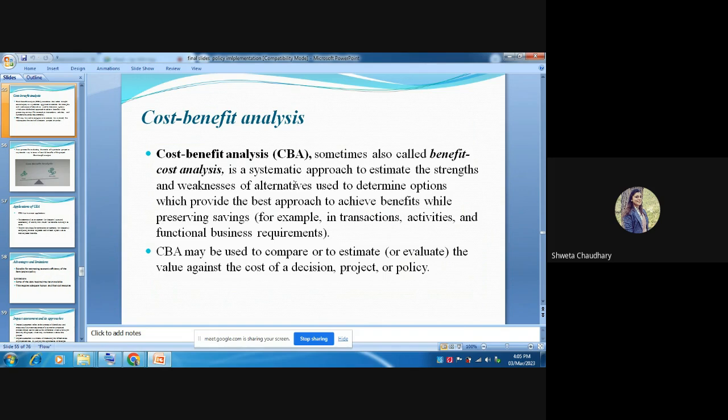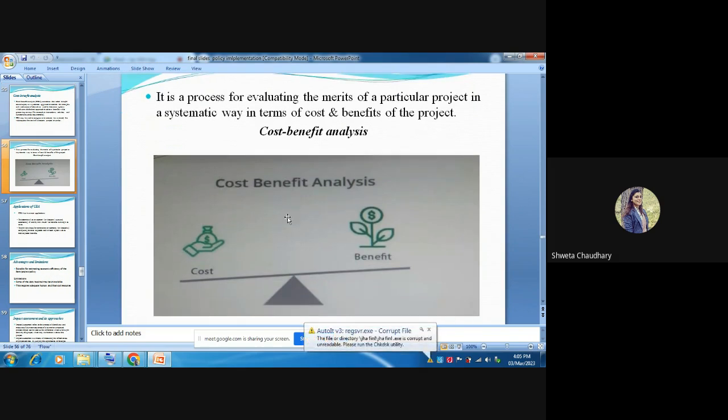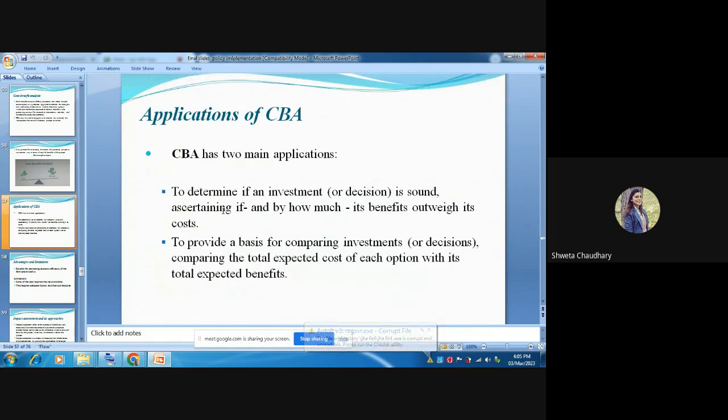It means we are comparing the cost with the profit that we generate after implementing. This should be a balance, or the benefit should be more. This is used for finding out whether you have efficiently allocated your resources, whether the investment you have done for your project is optimally invested.